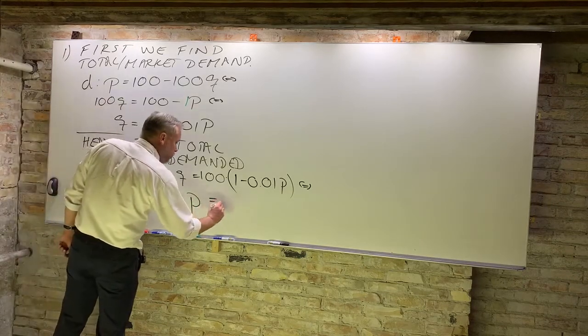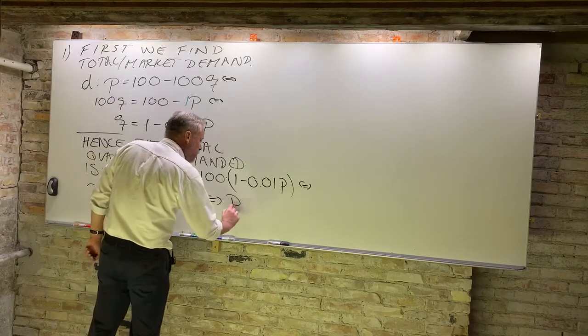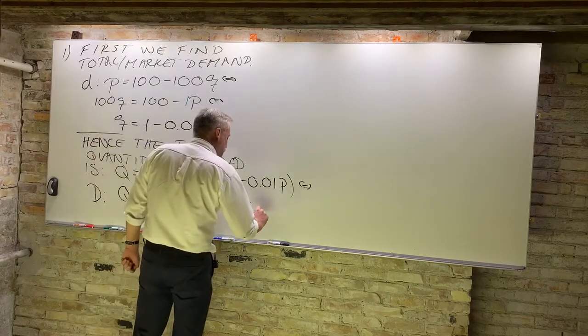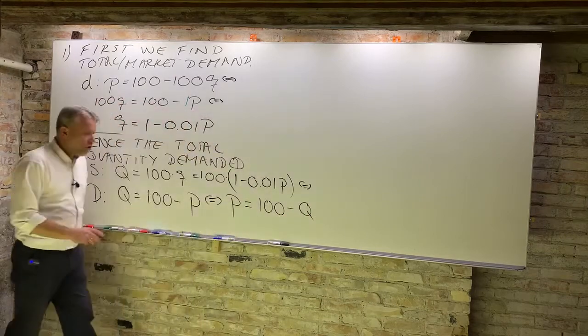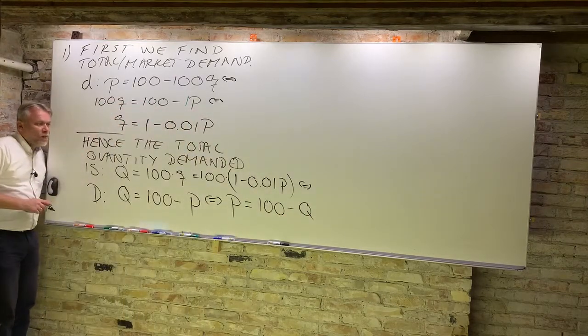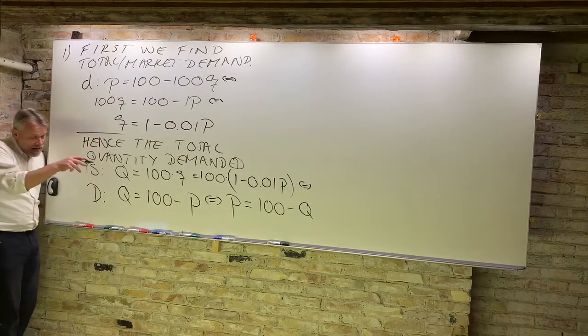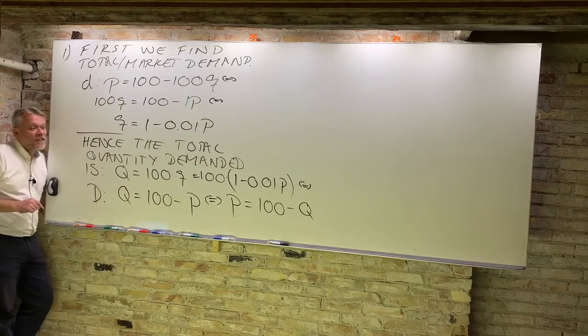Then what you might want to do also is isolate back the price. In other words, you might want to get inverse demand. The reason why you might want to do that is that the next thing we're going to do is find the equilibrium in the market. The equilibrium in the market is found as the intersection of the supply and the demand curves.